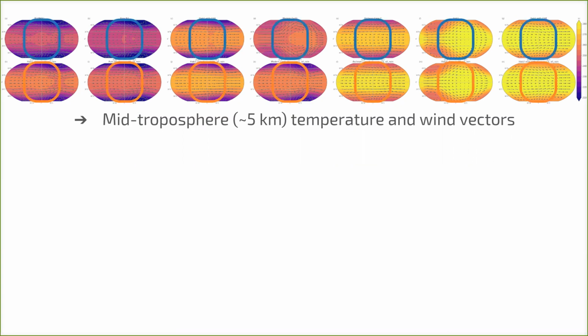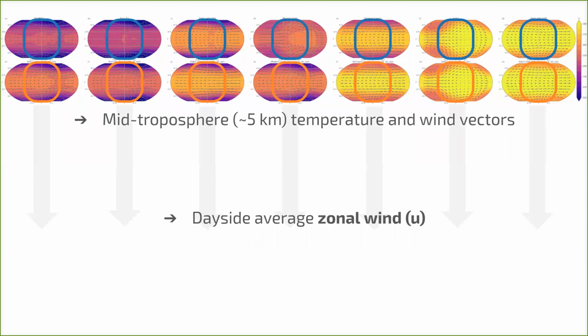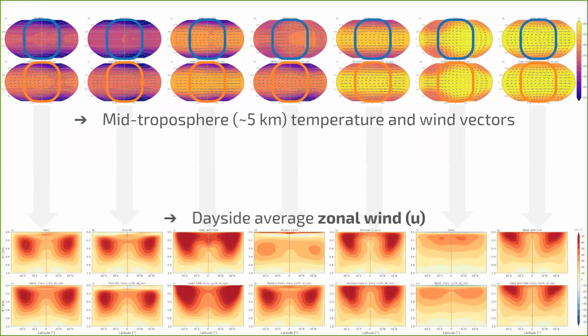And if we concentrate on the day side and average the zonal wind there, we see the salient features of the circulation on the day side, and they are common for all the compositions. Here, they are characterized by superrotating zonal jets, which are located at the extratropics in each hemisphere for each planet.